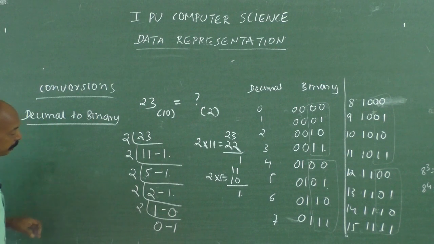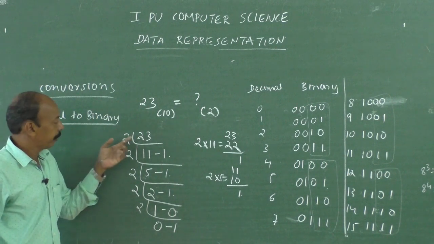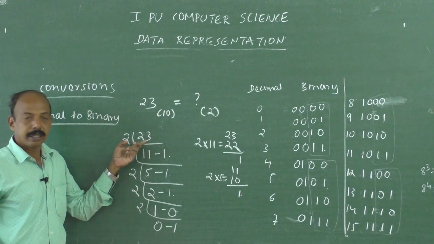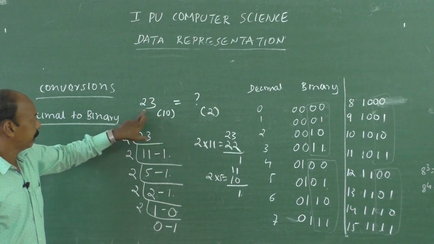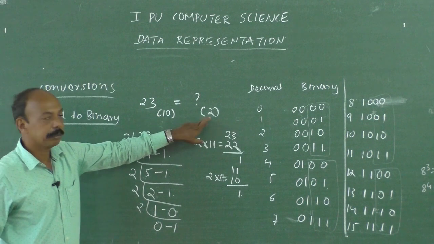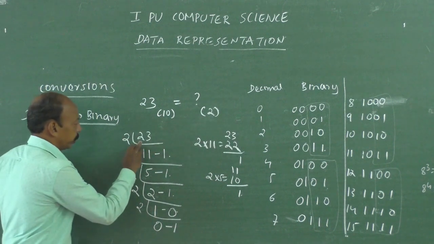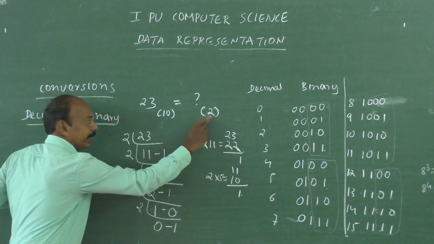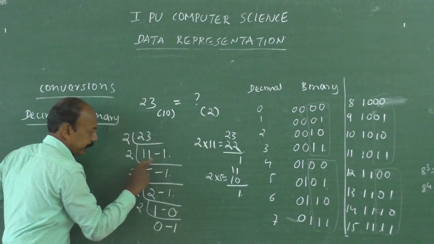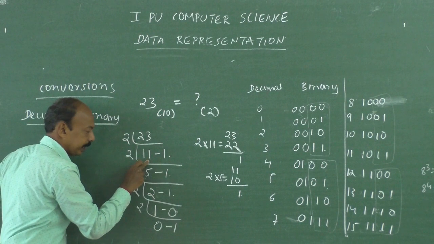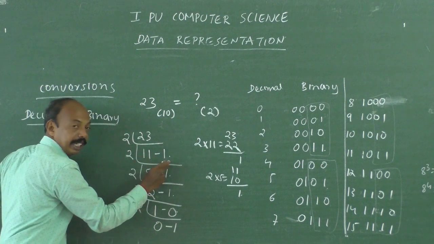Now once again we will repeat. The number is given. What we want to do, we want to convert this decimal number 23 to binary number system. So take the number, divide by the base, that's 2. So divide and write the quotient and the remainder. First you write the quotient, then you write the remainder.